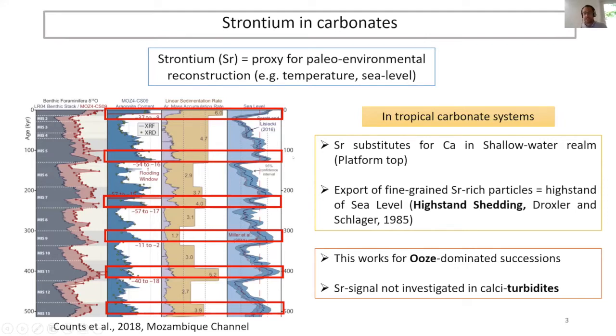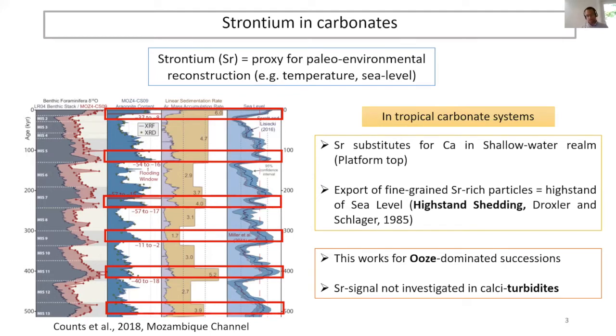So why is that? Actually, because strontium substitutes for calcium in shallow water settings. So when the platform top is flooded, you have an export of fine grain particles that are strontium rich. That's called highstand shedding, and it has been described as early as 1985.